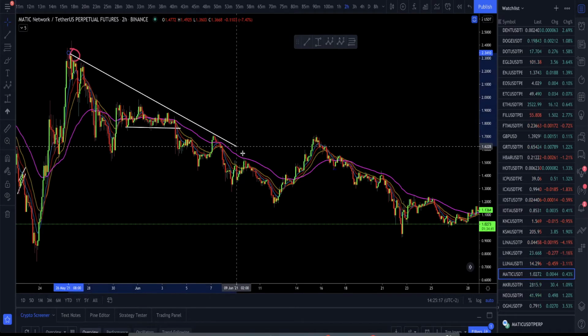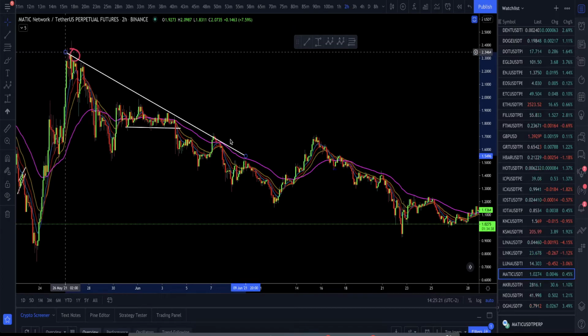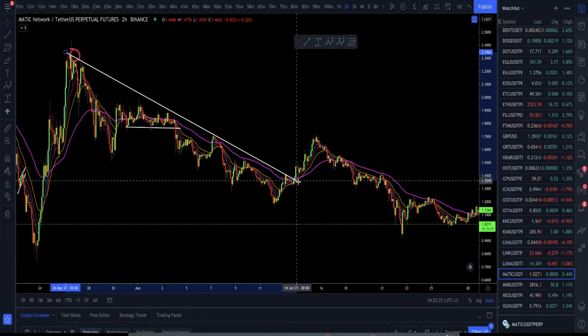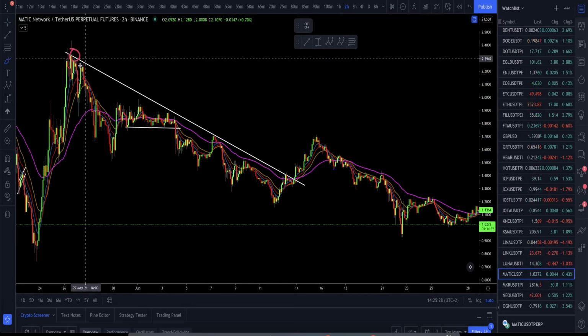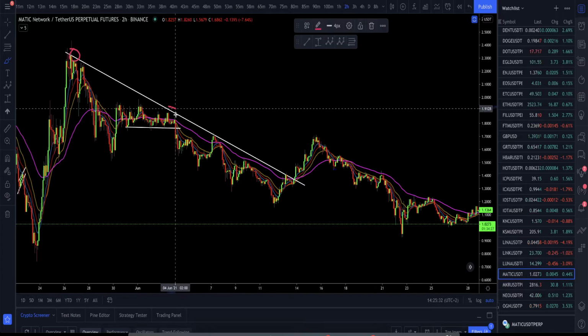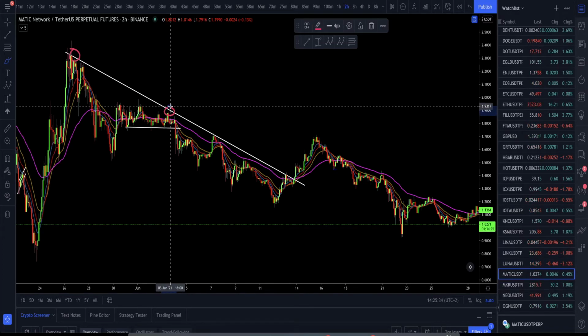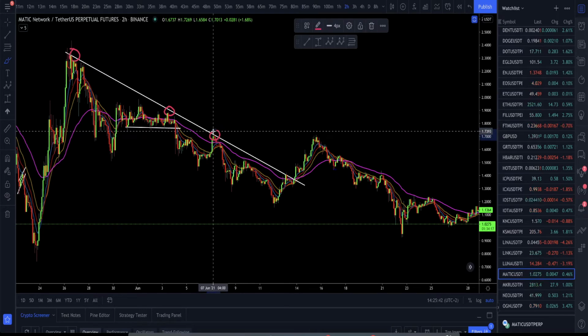And after the triangle breakdown, you are going to draw a support line all the way to here, right? So you have now one support level, and second, this one is actually the second, but it kind of doesn't touch the price action. So let's say it's second, and this one is third, right?